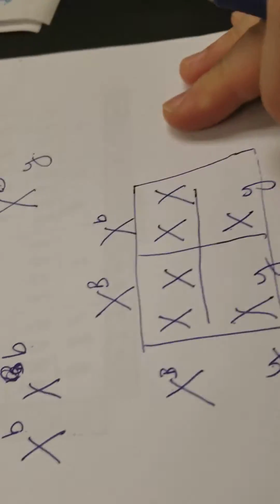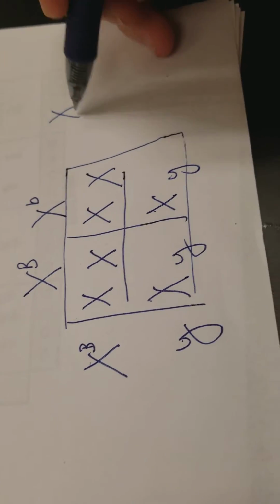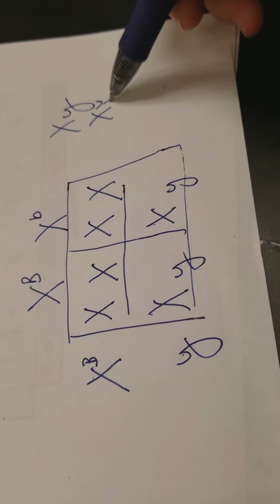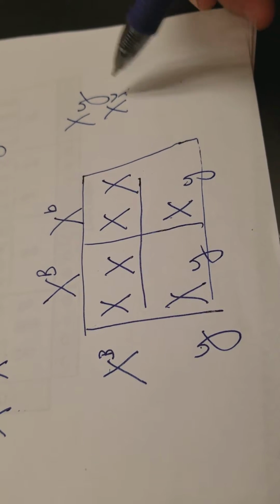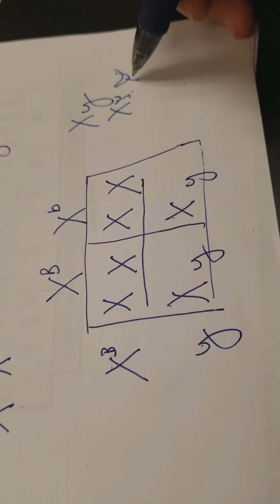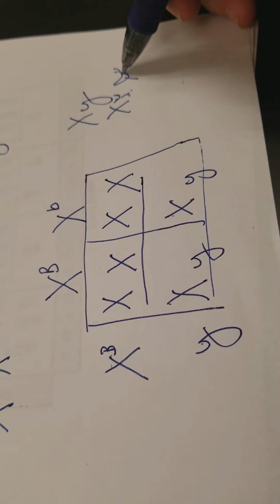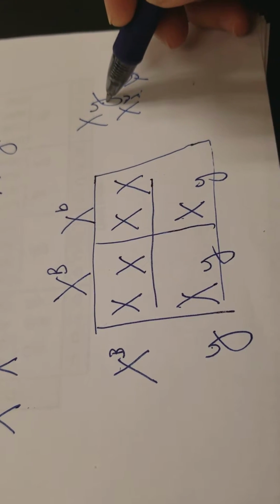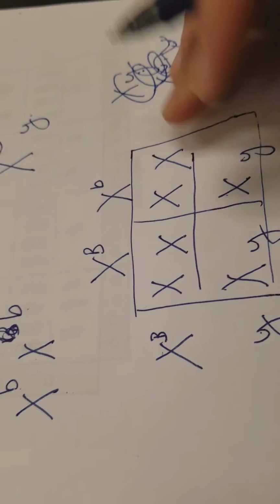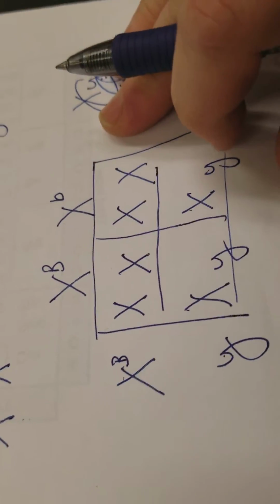Now here's just a little tidbit to make your life easier. I use a loopy Y as opposed to trying to make my Y's like this. It gets messy, and people accidentally mistake it if you do this too fast, and that kind of might look like an X. So I make my Y's little and loopy to make sure I don't have any mistakes in here. So now I put in my B's.